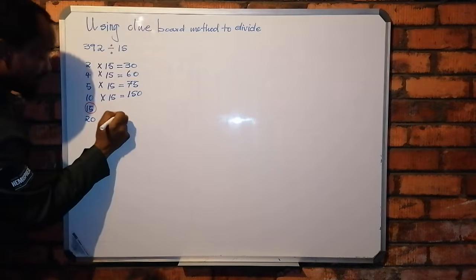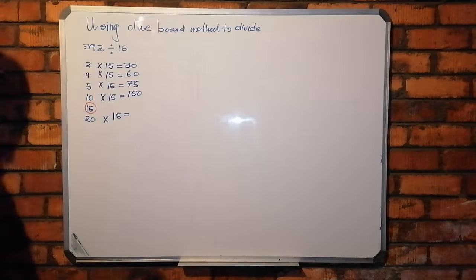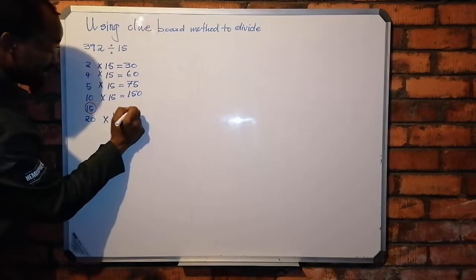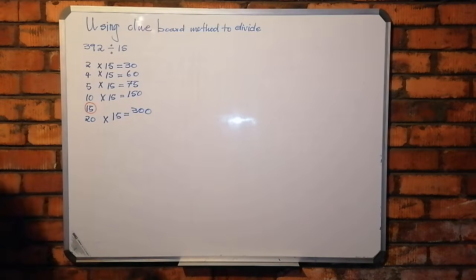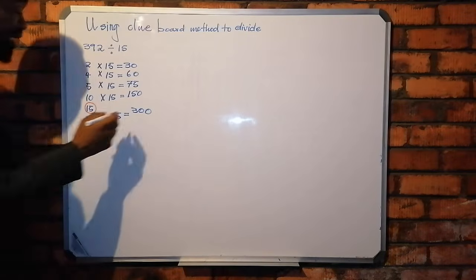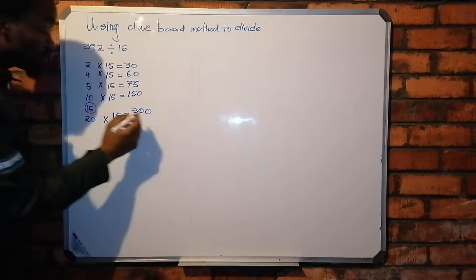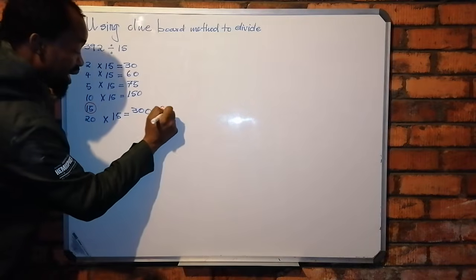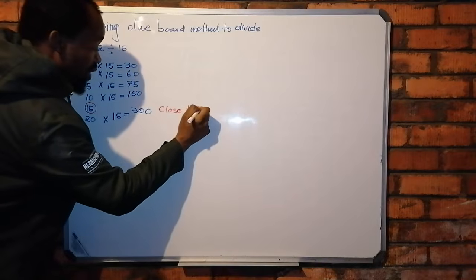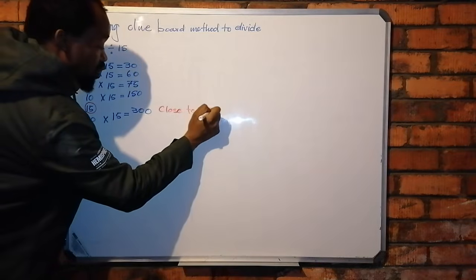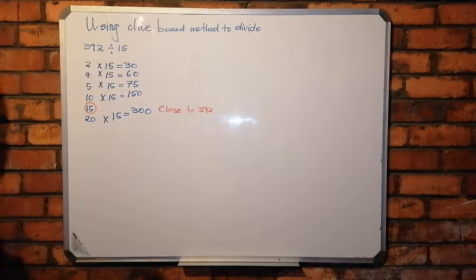I multiply 15 by 20 and this gives us 300. Now, getting 300, I can see that this is close to 390. I then mark it as close to 392.